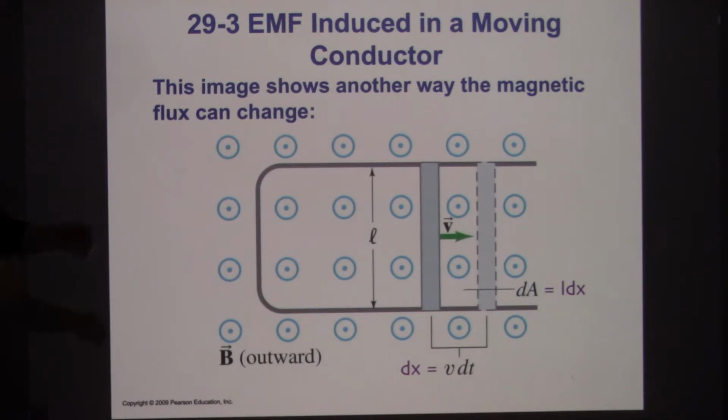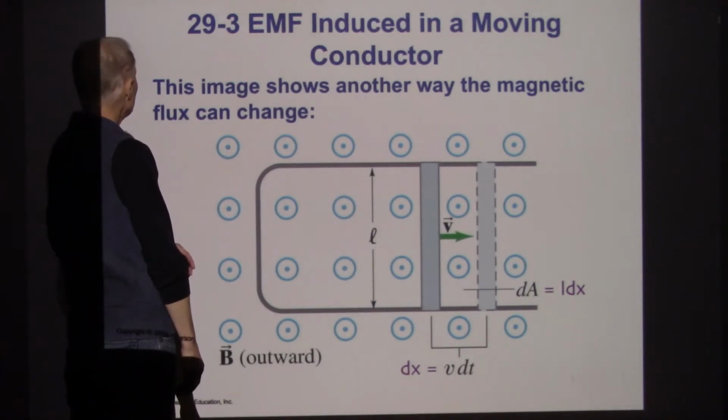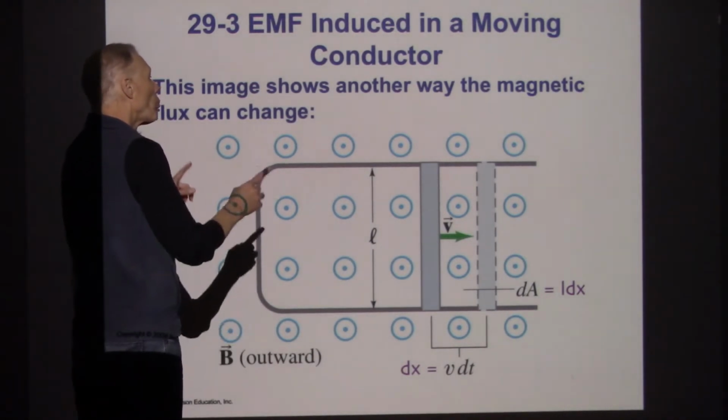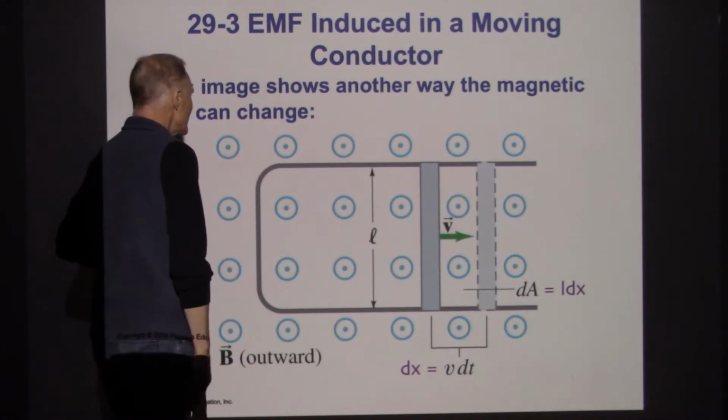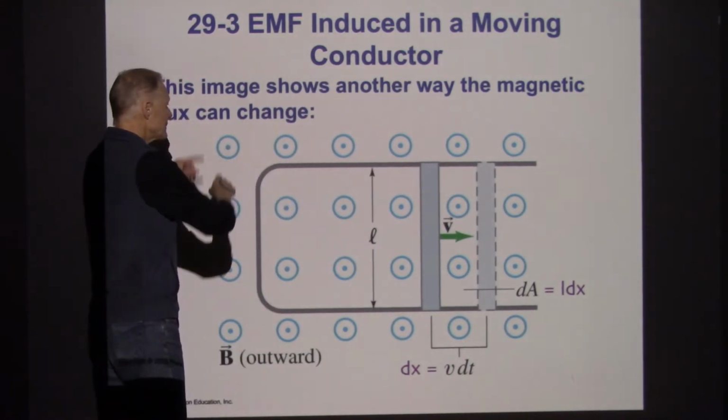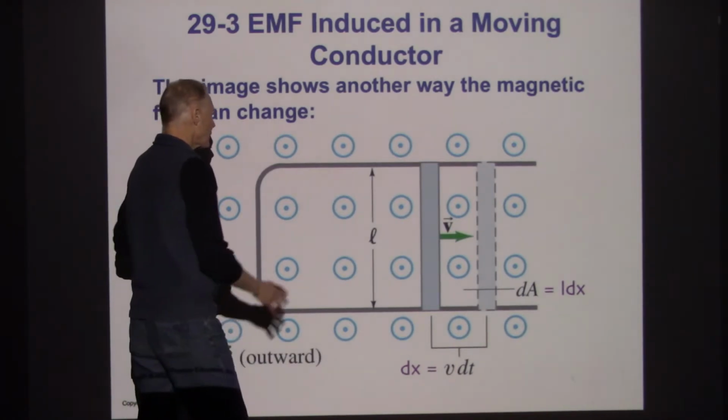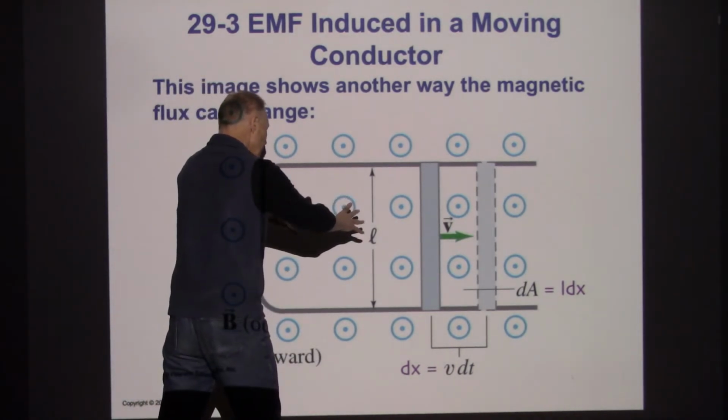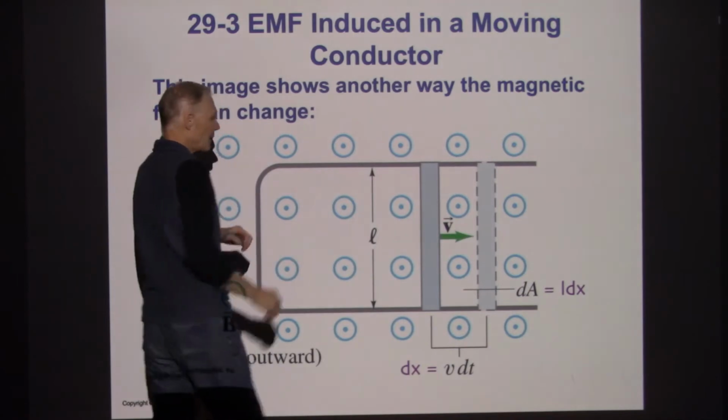Okay, same picture that we drew. What they're saying now is the magnetic flux. Now, the magnetic flux, we said, could be thought of as the magnetic field times the area.